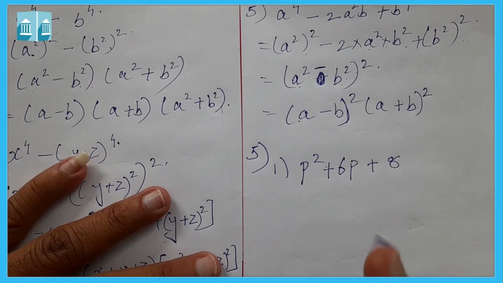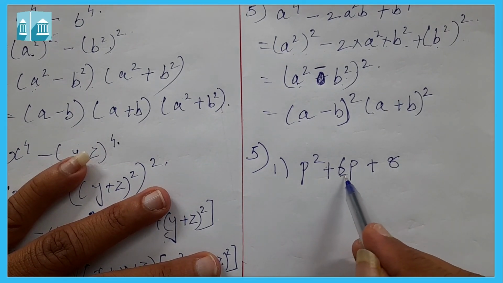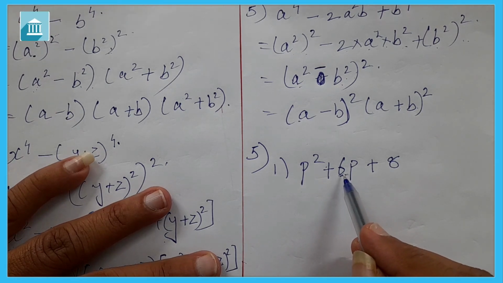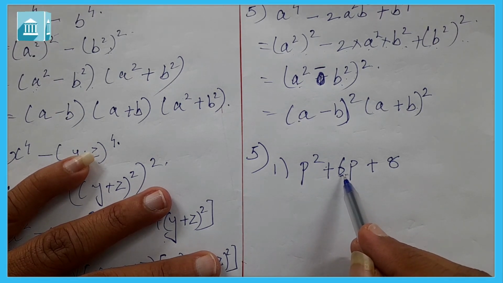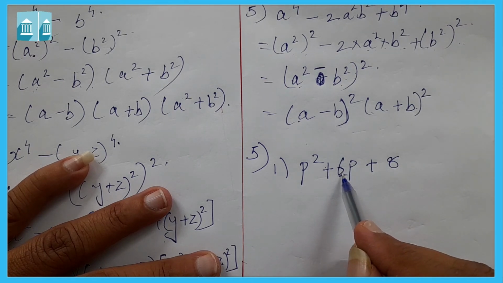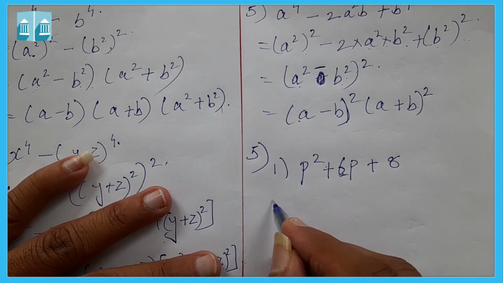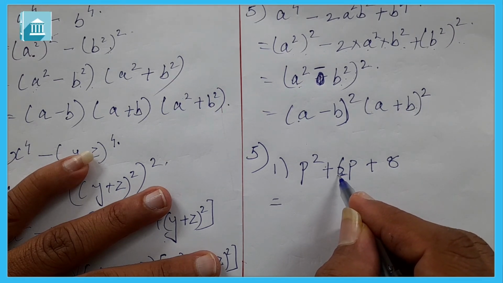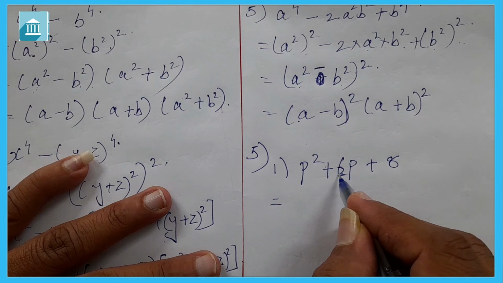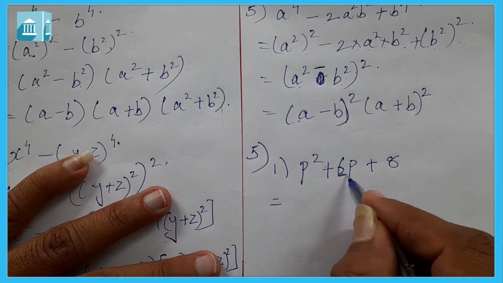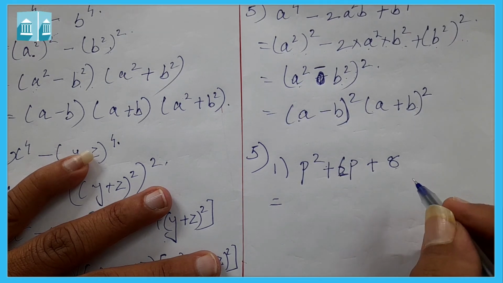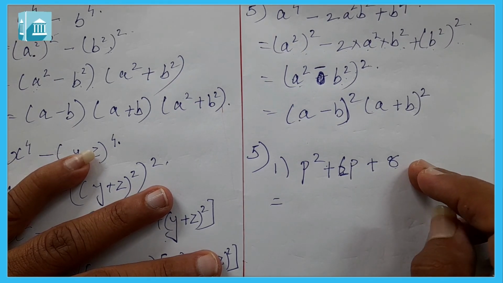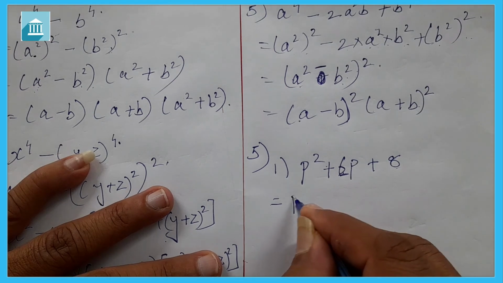Now here we have to split this middle term in such a way that if we add them we get 6p and if we multiply we get 8p square. So these will be two numbers. For this we need factors of 8. The factors of 8 are 1, 2, 4.